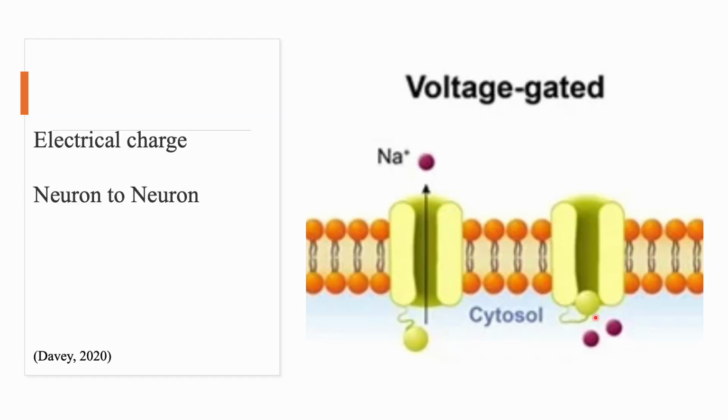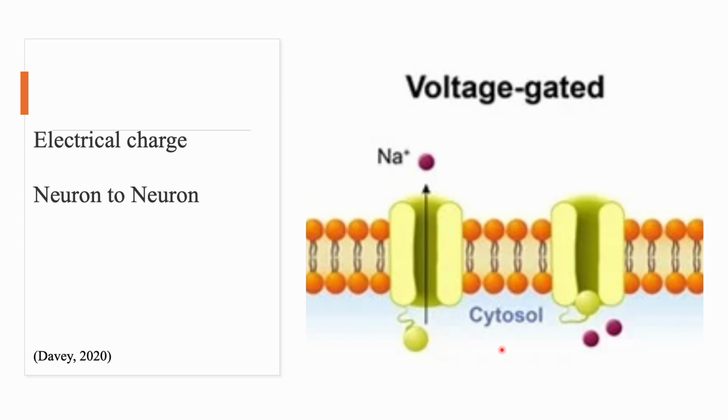Voltage-gated channels are where two neurons are close enough together so that the electrical charge from one neuron can travel to the next neuron. The opening and closing of these channels may depend on the binding of the signaling molecules such as neurotransmitters from the ligand-gated ion channels, or on the voltage across the membrane.